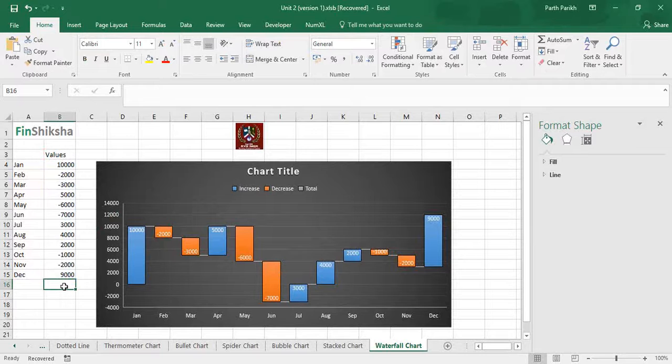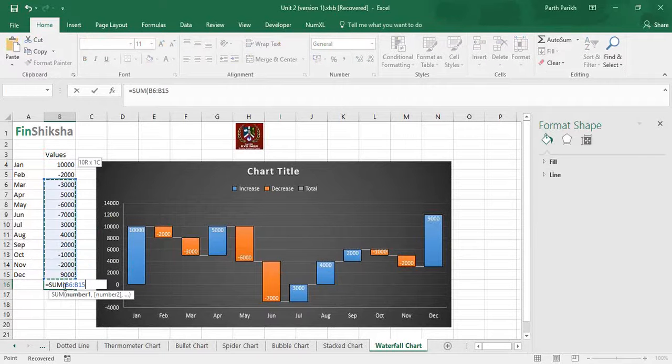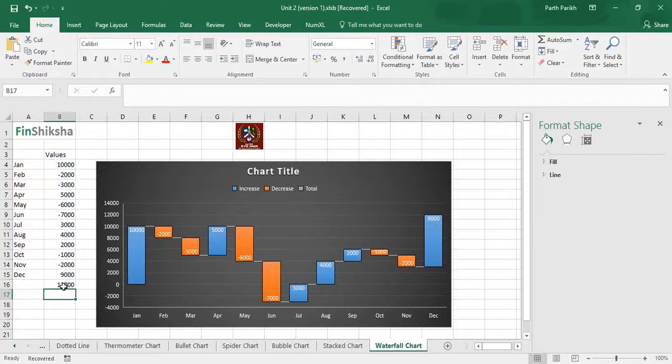So if you sum this entire thing, your output will be 12,000, which is exactly what my chart is showing. 12,000. So this kind of chart is useful when you do a month-wise costing or a month-wise cost expense analysis.